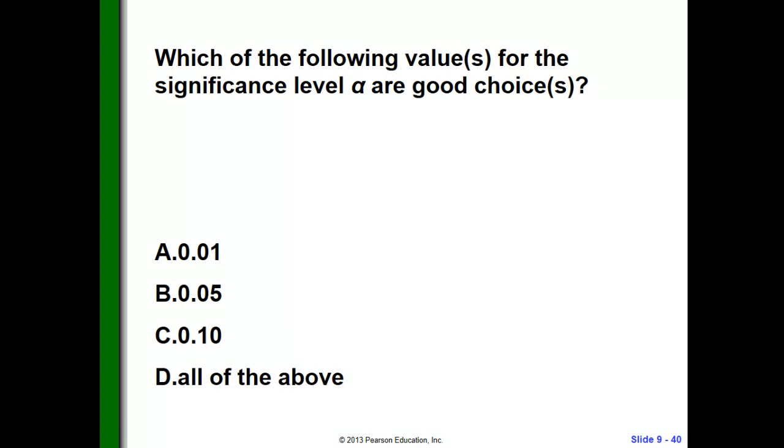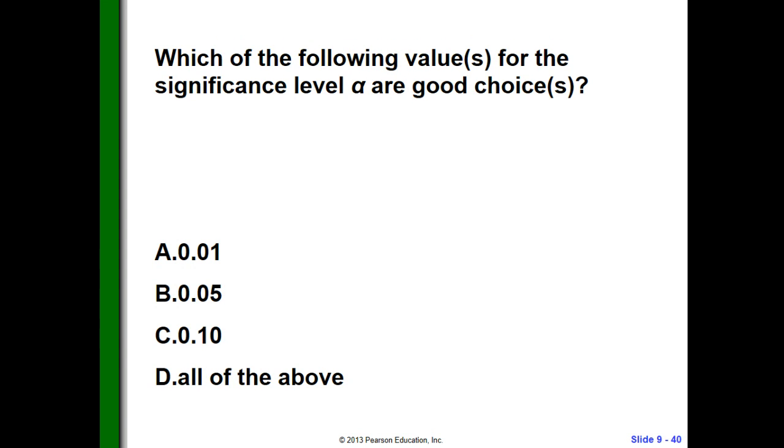Sometimes they trick me. Which of the following values for significance level alpha are good choices? If it doesn't matter much, it could be 90%. Let's say I want to make sure that a student has passed the test, I only need to be 90% sure.